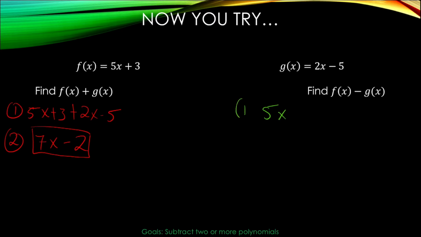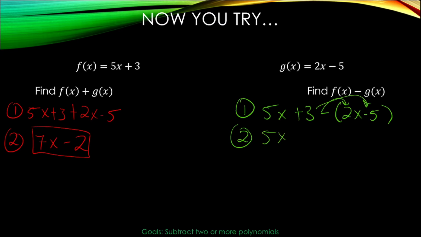For this one over here, we have f of x minus g of x. So we get 5x plus 3 minus 2x minus 5. I'm then going to distribute that negative, so we get 5x plus 3 minus 2x plus 5.